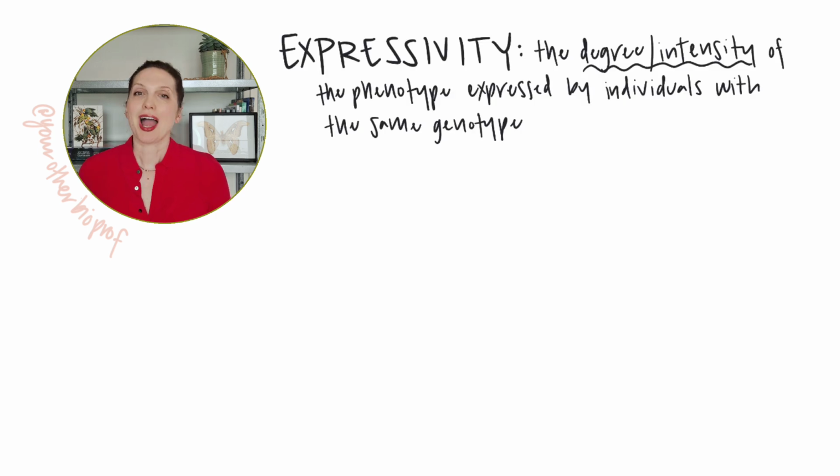Maybe an individual with a certain genotype does express the expected phenotype, but a more or less exaggerated version of that phenotype. That gets us to expressivity, the degree to which individuals with the same genotype express the phenotype.